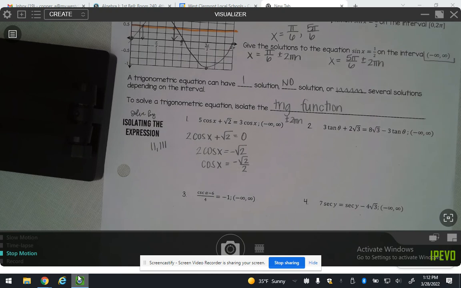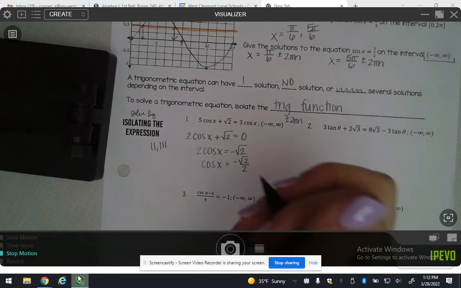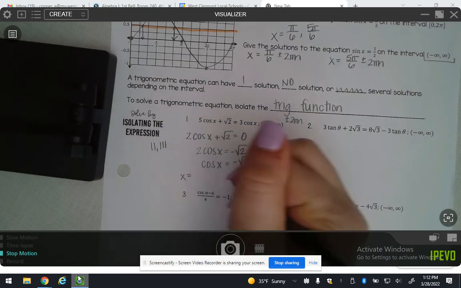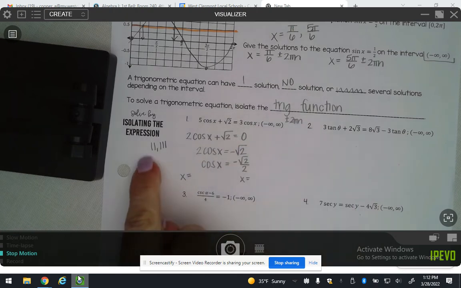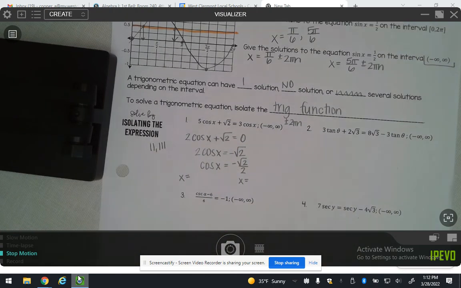Okay, sorry. So I'm going to have 2 answers, right? Because it's in 2 quadrants. Okay, now, unit circle. When does cosine equal radical 2 over 2? I heard it. Pi over 4. But what quadrants do I need my pi over 4 in? Second and third.